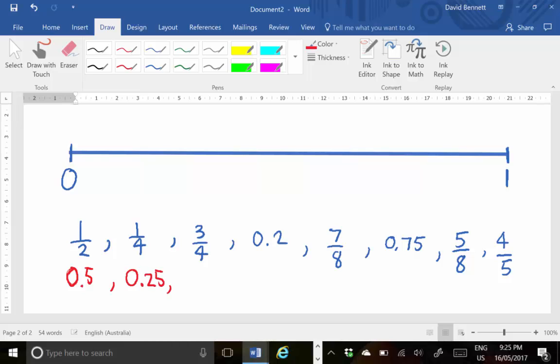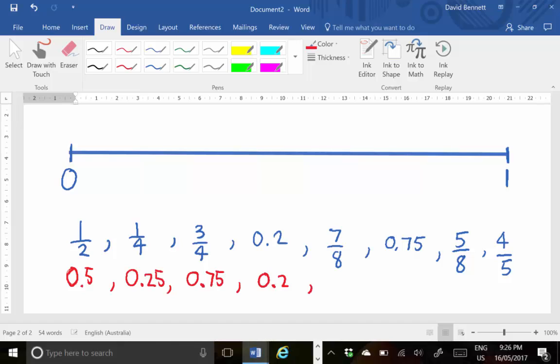Now we've got 3/4. Picture that as 3 divided by 4, and you'll notice that's equal to 0.75. And then we've got 0.2, which is already a decimal.